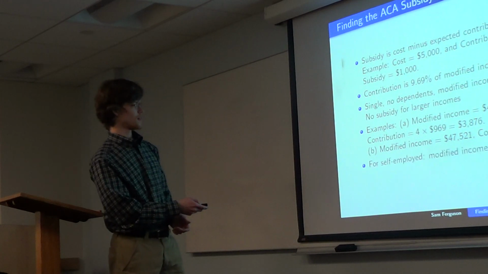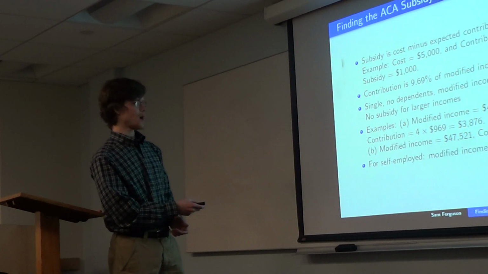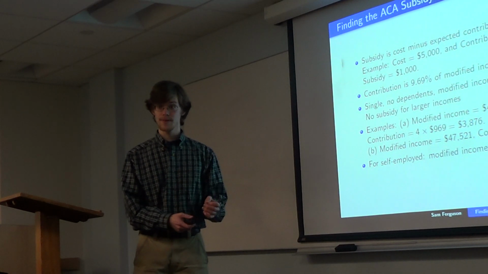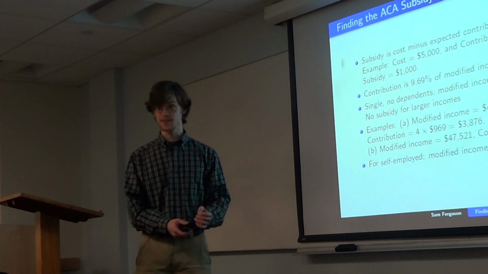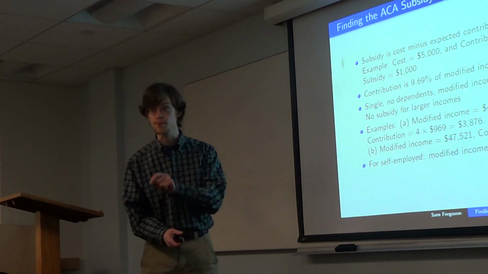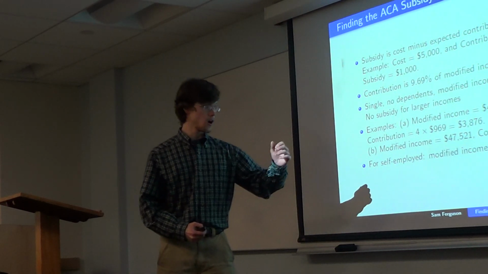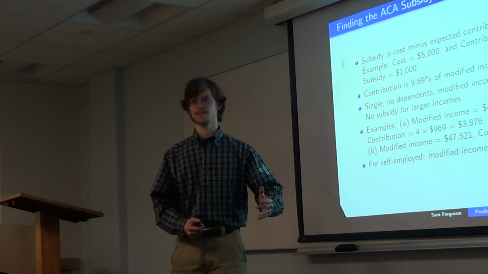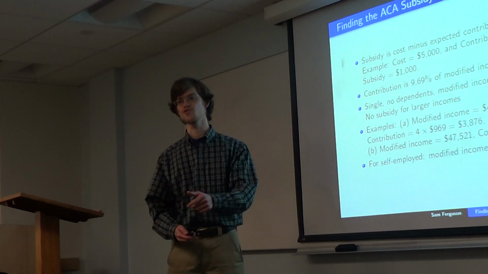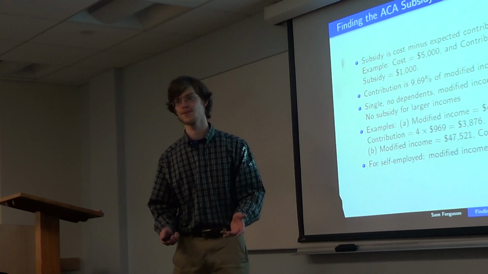Okay? All right. But now there's a problem that the true answer that they are supposed to find, their modified income, is actually supposed to be, for self-employed people, their earned income minus the net health insurance cost. So the number we computed was just more like a rough guess. Okay?